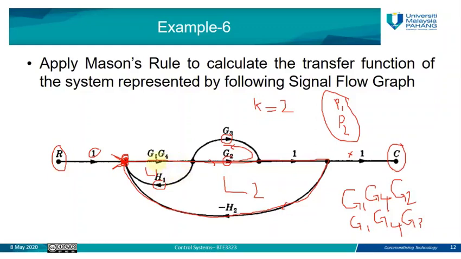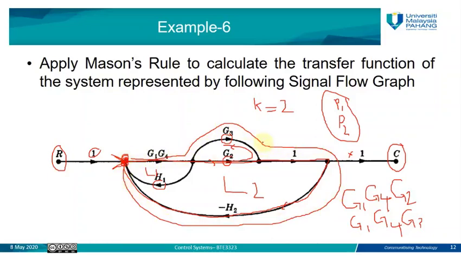For the first loop here, L1, the gain is G1, G4, H1. For the second loop, L2, the gain is G1, G4, G2, and negative H2. Do we have another loop? Yes, we have a third loop, which goes through this point, through G3, and returns back to this point.